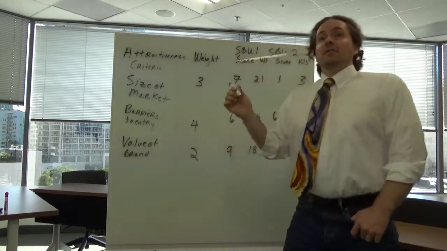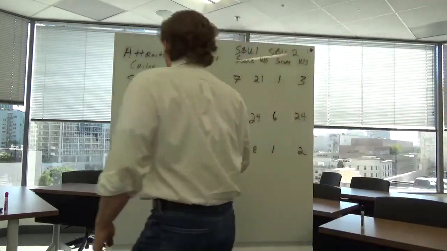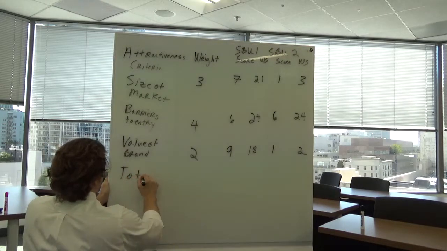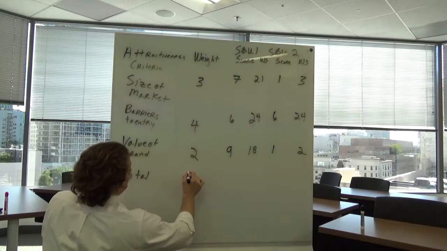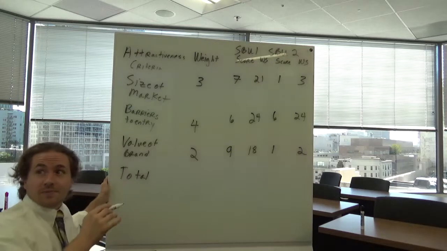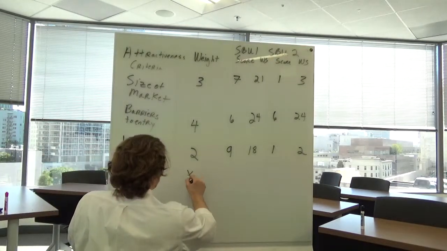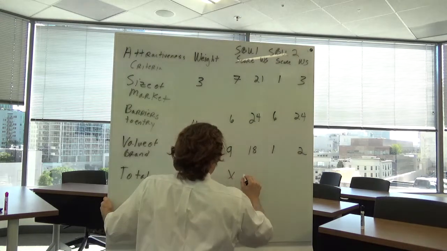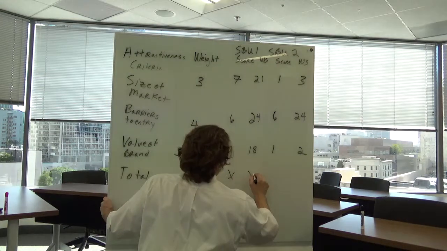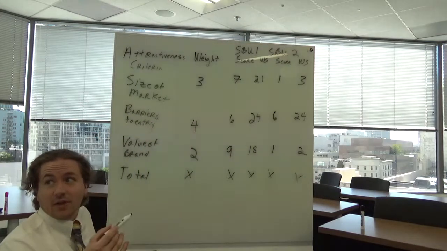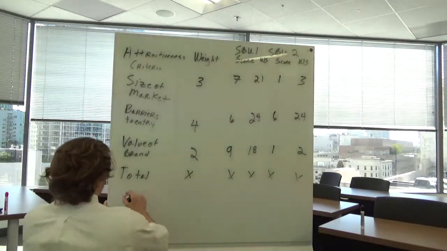Okay. Then what you do is you add your numbers up. So you can see me over there. So you add your numbers up, then you come up with your averages.